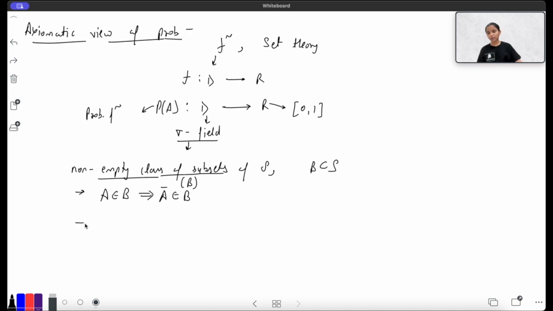Second, it is closed under countable unions.